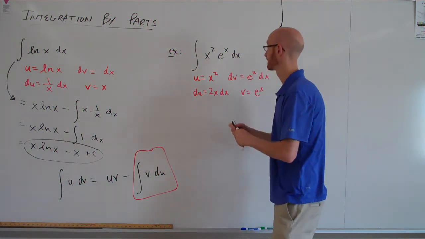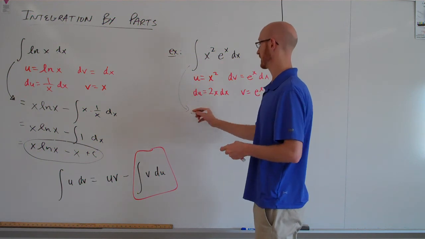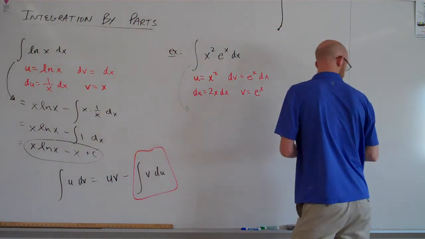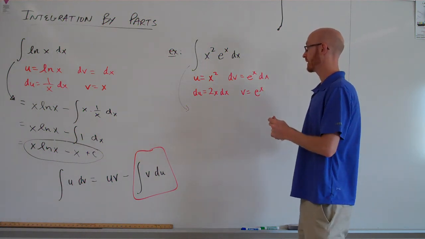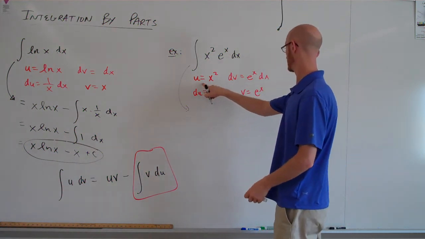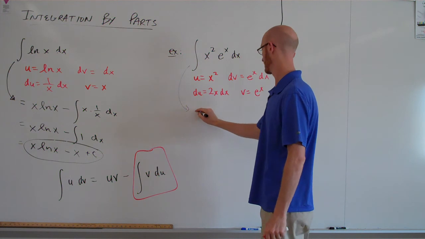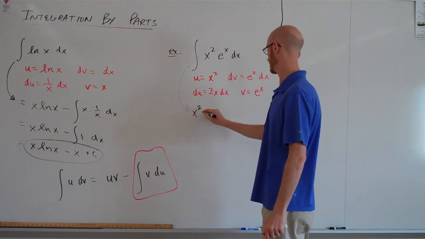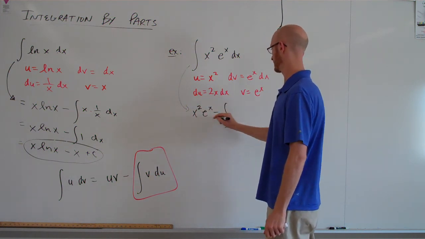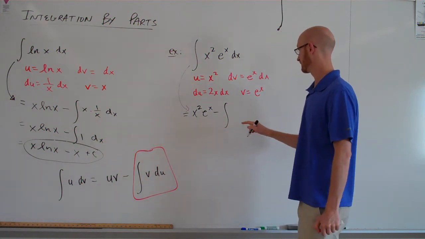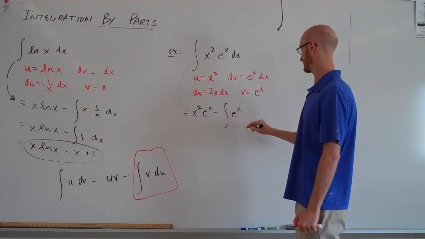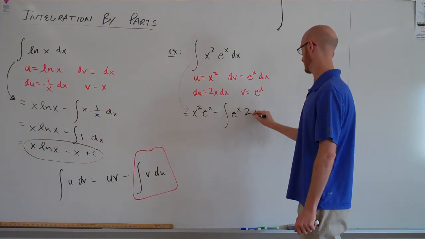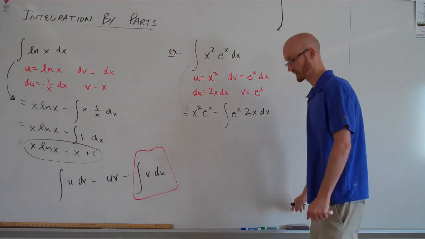So again, here's our rule. And we'll take it from there. We'll just sort of see what happens. Again, it's u times v. That's x squared e to the x minus the integral of v du, e to the x times 2x dx.